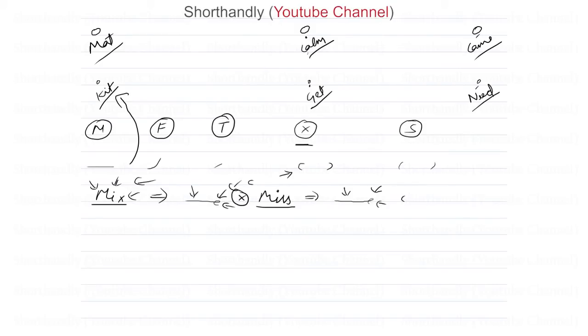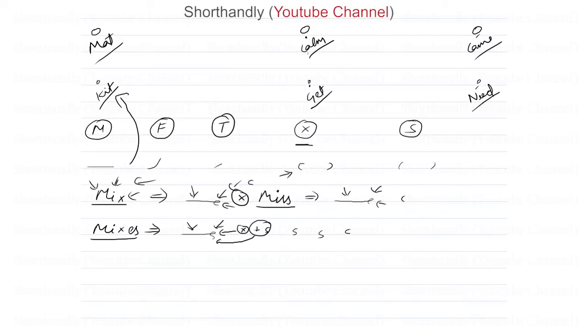Now suppose we have another word called mixes. Again, pay close attention to how we will make this word. It will be made like this. See what we did here. We first made this M, then the E vowel, which is the E circle, then we made this X. To add the additional S, we just attached a small curve, a small S, like this.